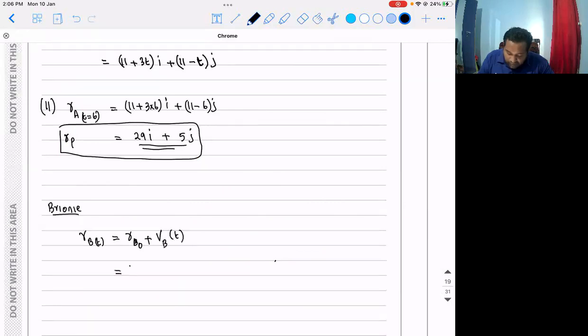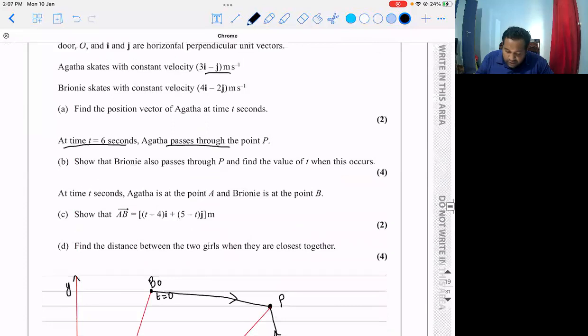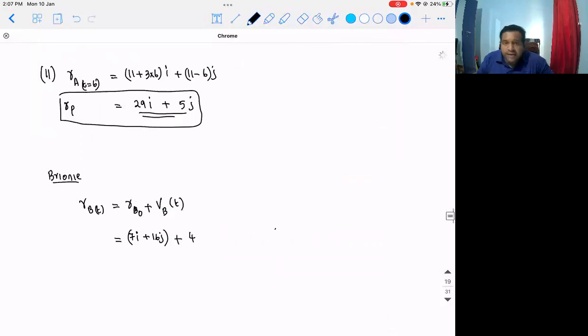So that is 7i plus 16j plus, what is the velocity? 4i minus 2j, times t. So that implies (7 plus 4t) i plus (16 minus 2t) j. So this is the position vector of Bryony after t seconds.